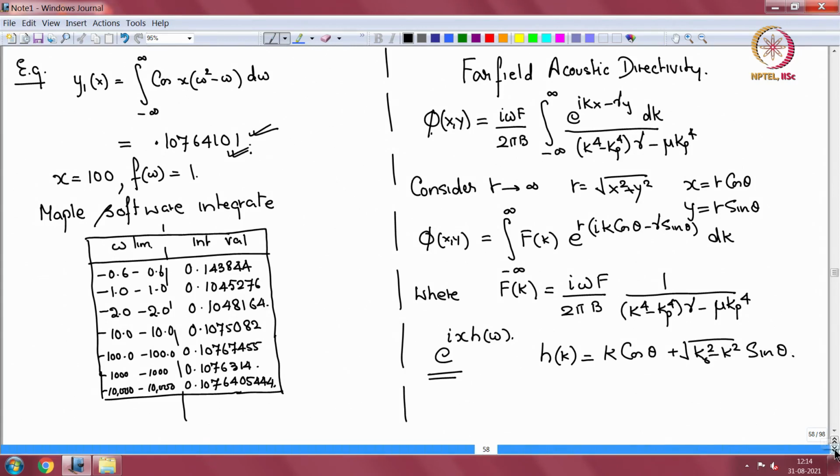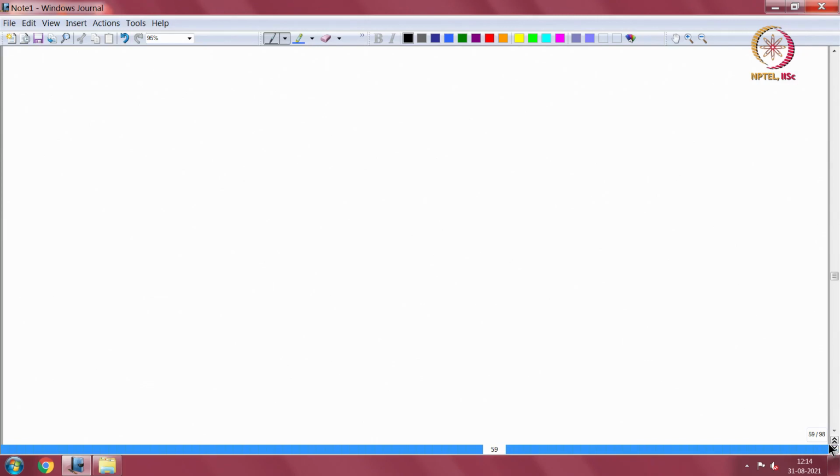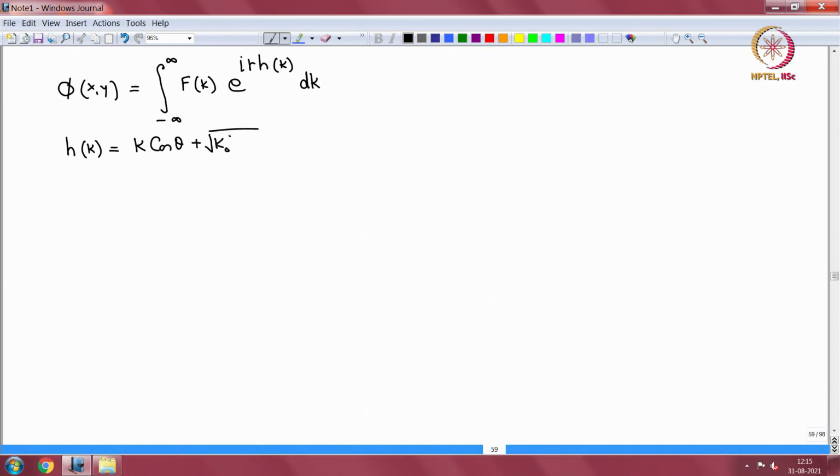So my phi of x comma y, written in the stationary phase nomenclature, is the integral from minus infinity to infinity of f of k as given before, e to the power of i r h of k dk, where h of k is equal to k cos theta plus square root of k0 square minus k square sin theta.